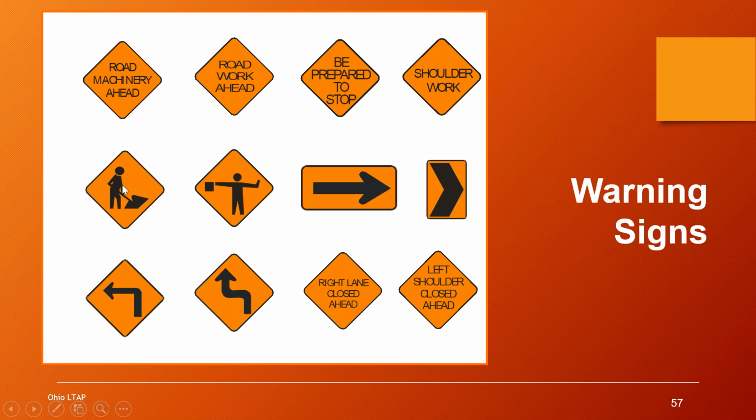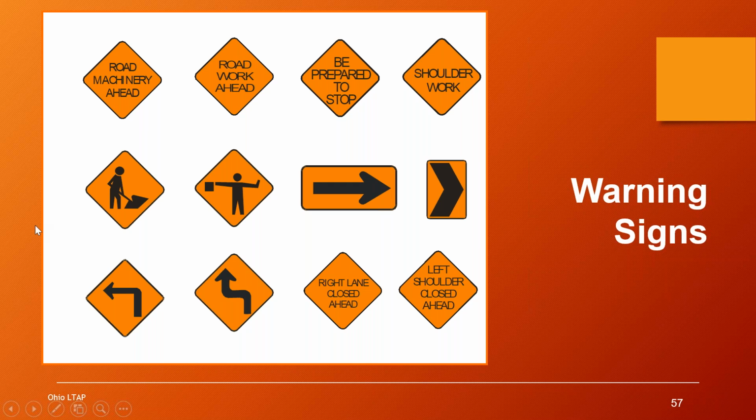Then we have this symbol. Symbols work really well in work zone signage because you don't have to read and you get a good picture. It helps you to recognize what's going on and prepare for it faster than reading. This particular sign, the man with the shovel, is the sign we want you to place on the back of your shadow vehicle if you're patching potholes in a mobile work zone type.